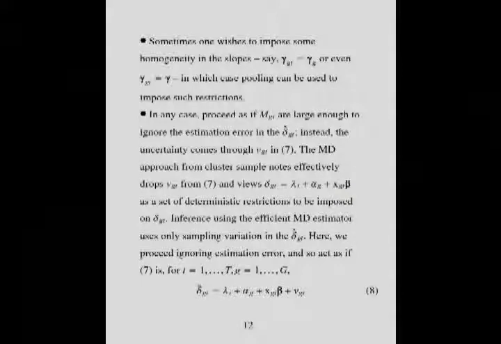So, in some ways, if you wanted to analyze the full problem, that would come down to analyzing GLS in the second stage, and the only issue is if you're going to account for the estimation uncertainty in the first stage. Okay, and so I'm going to proceed here as if we're ignoring that. So we're going to proceed as if these things are large enough to ignore.